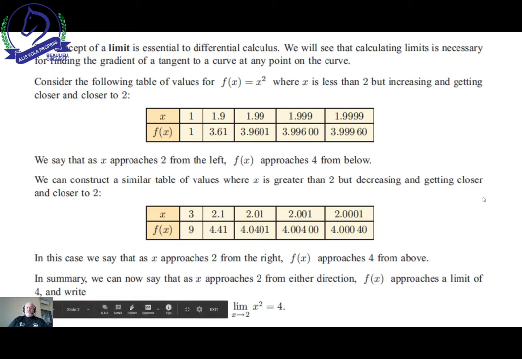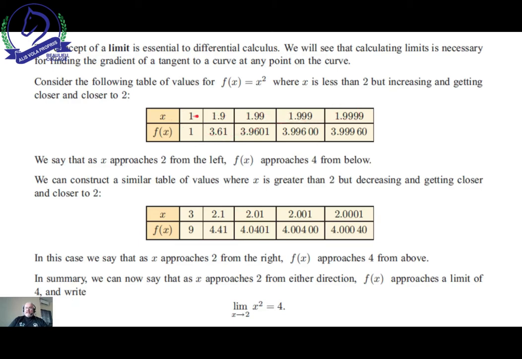So I'm going to start with a very simple function, the quadratic function, y equals x squared. And I'm going to have a look and see what value this function approaches as we approach the value of 2. I'm going to start from the left hand side, so going from 1 towards 2, increasing all the way to 2.